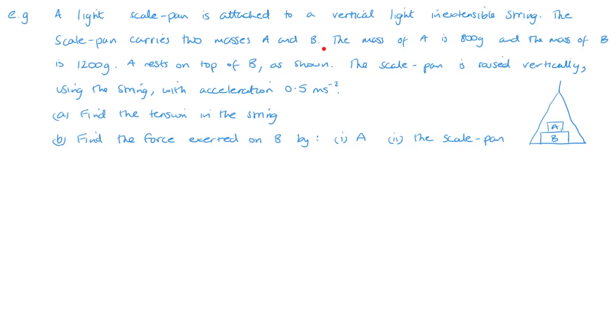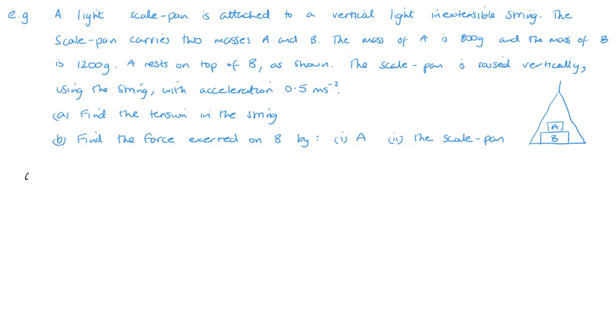It carries two masses A and B. The masses are 800 grams for A and 1200 grams for B. A rests on top of B as shown. The scale pan is raised vertically upwards using the string with acceleration 0.5 meters per second squared.